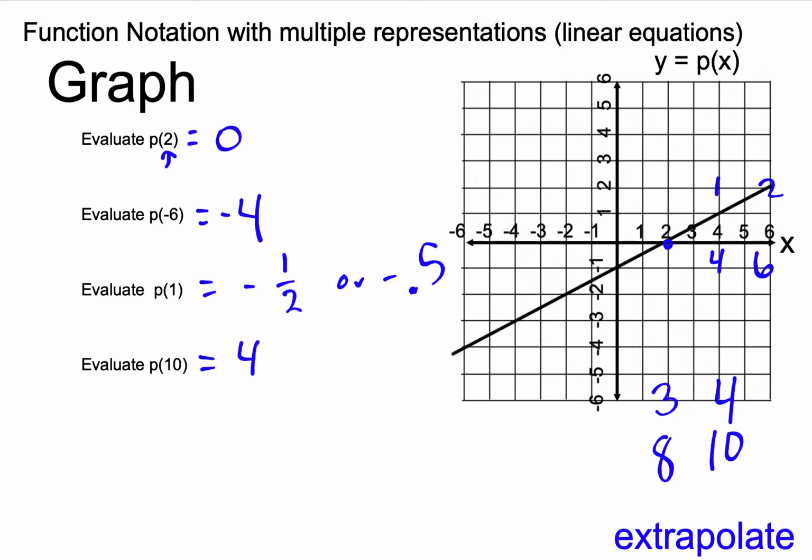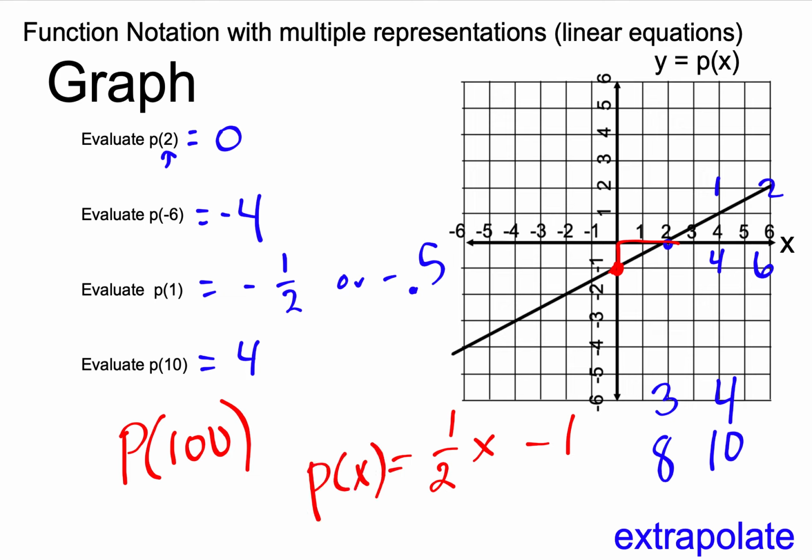So yeah, it will be 4. Another thing we could do, and 10's not a very big number, but if the number was like 100, you definitely want to do it this way, is to just create the equation and use the equation. It's got a y-intercept of negative 1, and it goes up 1 over 2. So we can actually create the equation, P of x is 1/2 x minus 1.